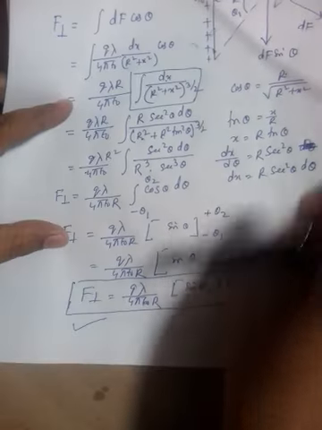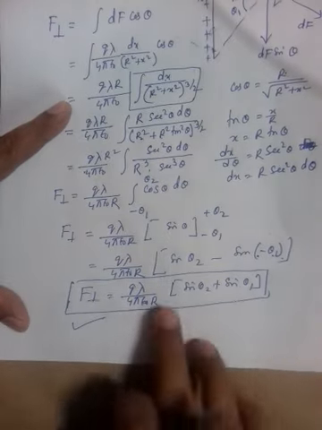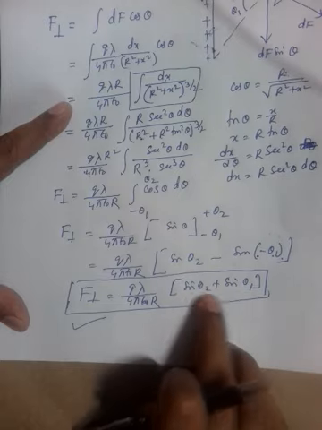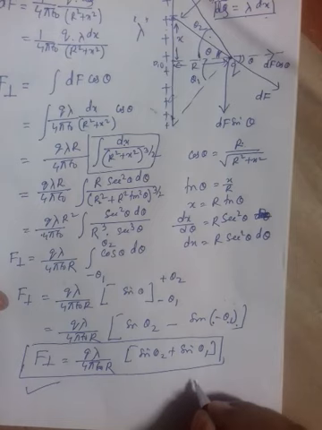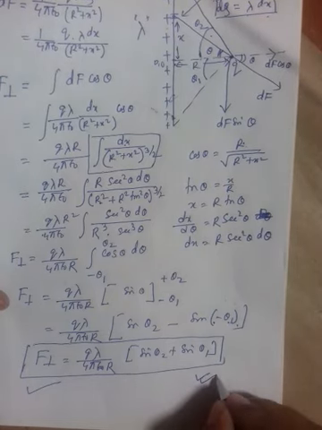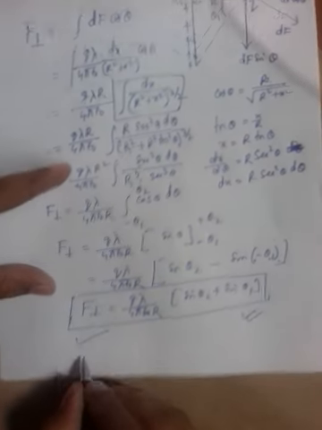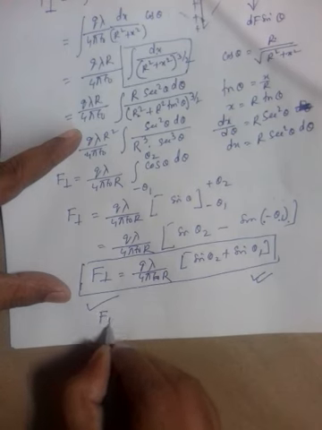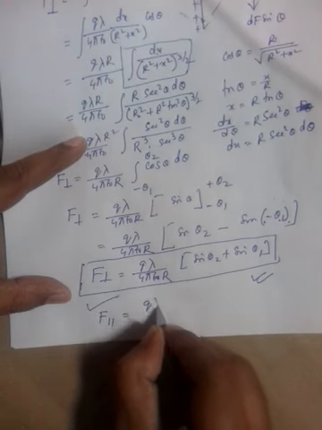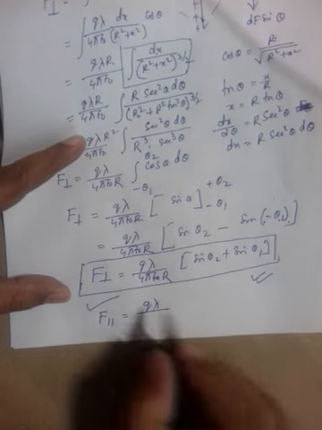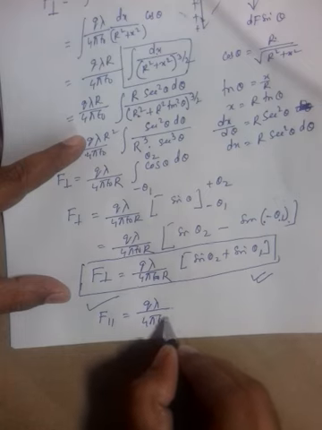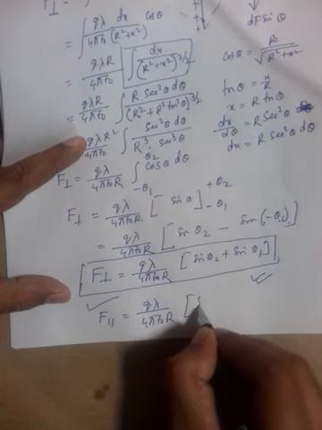Force in perpendicular direction was given by this relation. Here sine of theta 2 plus sine of theta 1, meaning whatever be your theta 2 and theta 1, this value will always be there. But force in parallel direction, as the derivation just done, is coming as q lambda by 4 pi epsilon naught r, it is sine.